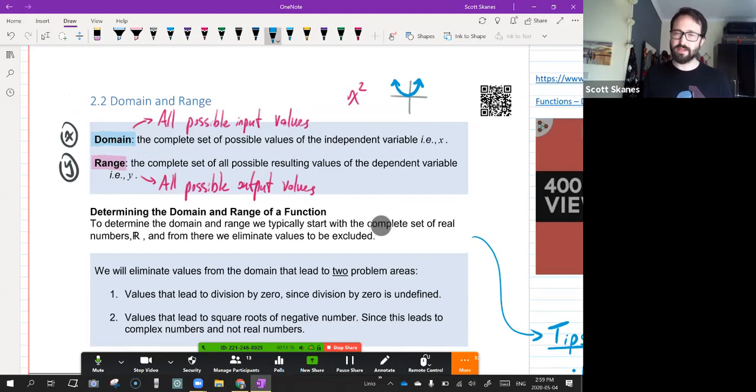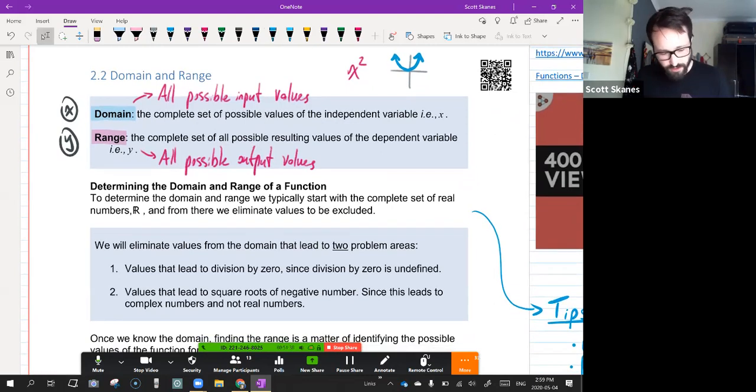It looks like everything above 0. If I'm looking at just y values, 0 is okay. 1, 2, 3, 4, 5. All of these y values are perfectly fine, but there are no negative y values. So the range of this function would be everything above 0, nothing below 0, because there are no y values below 0.